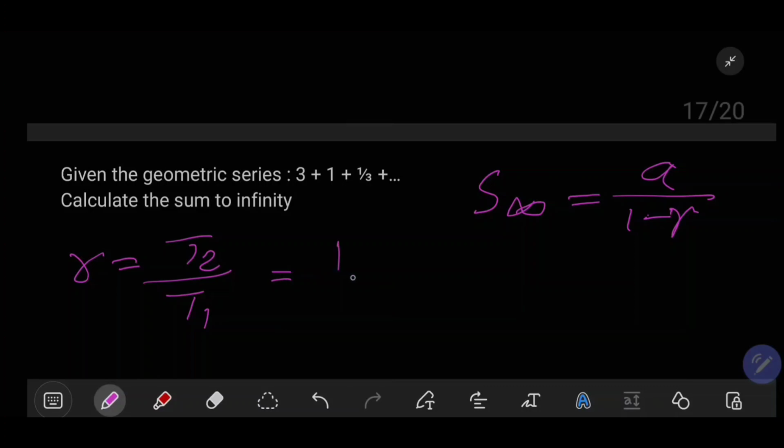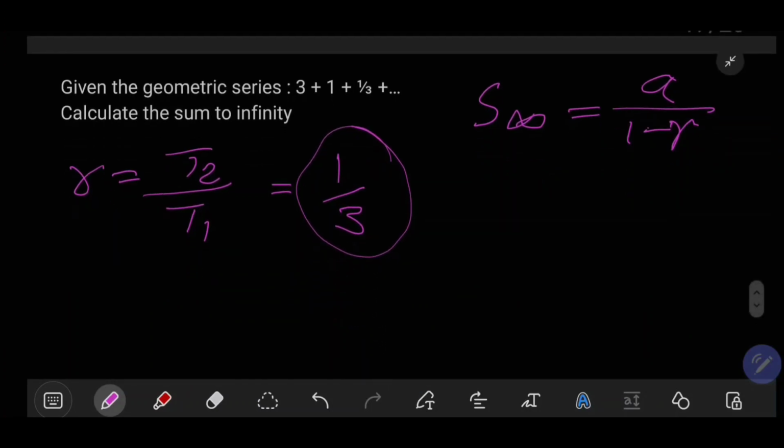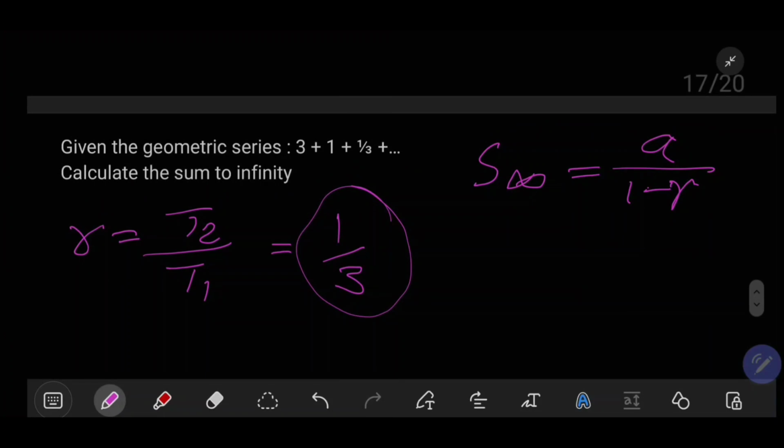Okay, so our T2 is 1 and T1 is 3. So this is our common ratio. Okay, so it means that the sum to infinity of this is equal to our a value, 3, divided by 1 minus 1 over 3.